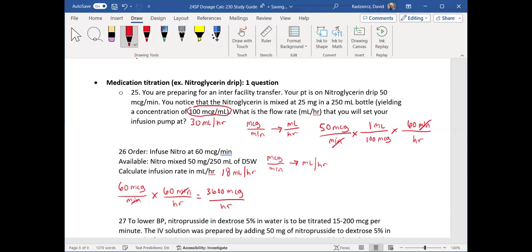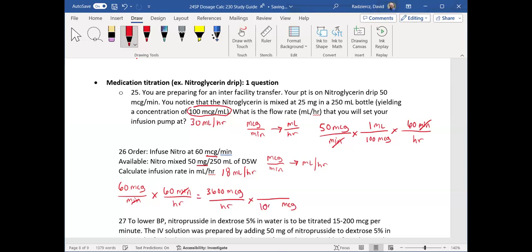Okay. Then what I'm going to do is, I cannot do math if I have micrograms here and milligrams here. They both have to be the same units. So I either need to convert milligrams to micrograms or convert micrograms to milligrams. Since I'm already here and I'm writing this out, I'm just going to go ahead and convert this micrograms to milligrams.